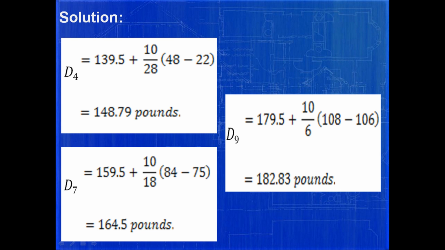In D4, that's equal to 148.79 pounds. In D7, is equal to 164.5 pounds. And in D9, is equal to 182.83 pounds. So you can try answering this to check if it's really correct.